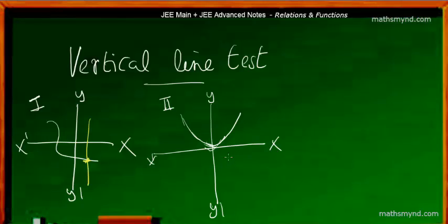And once again, it's very easy to see that if you do the vertical line test, it will cross the parabola at only one point. And I'm sure all of you would be knowing that this particular case is representing the square function, that is f of x is equal to x squared. Now let us look at a third interesting case.